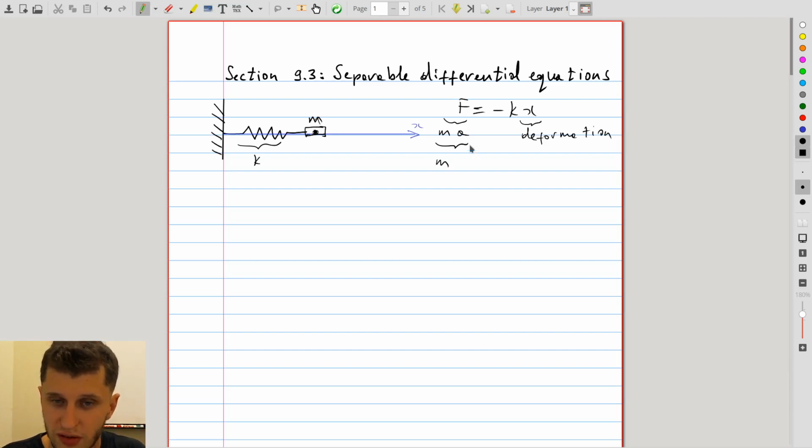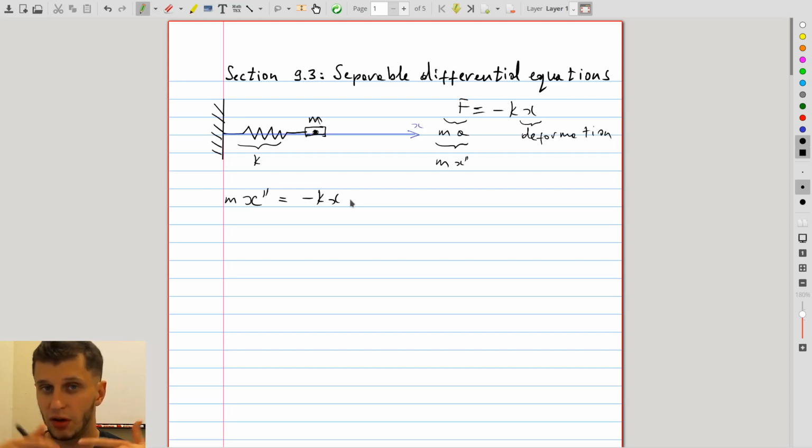So what this tells us is that m times the second derivative of x equals minus k times x. And so here we obtain the law that describes the motion of such a body attached to a spring.